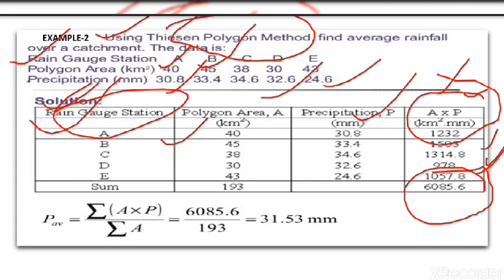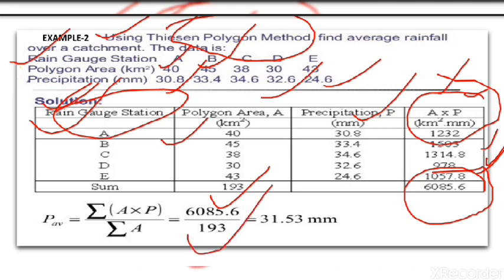6085.6. So as per our formula, the summation of Ai into Pi divided by the summation of A, that means the total area. Therefore the summation of Ai into Pi is 6085.6, and the total area of the basin or polygon is 193.